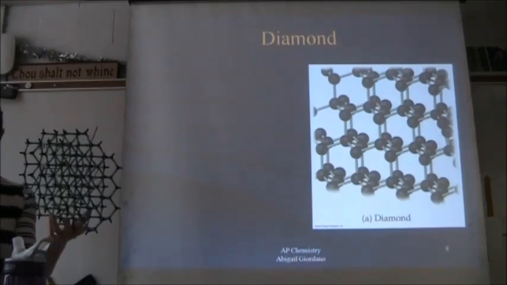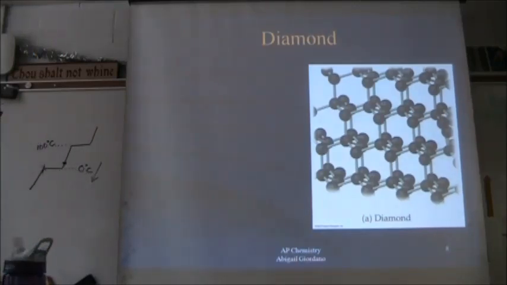I'm also going to walk around with this model here, and I'm sorry if you can't see. It is sort of hard to see. What I want you to do, as best you can from wherever you're sitting, is focus your eyes on just one of these black carbon atoms, particularly one that's more towards the center of the model.